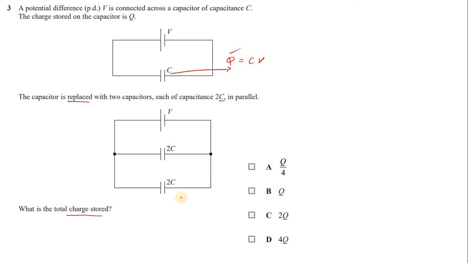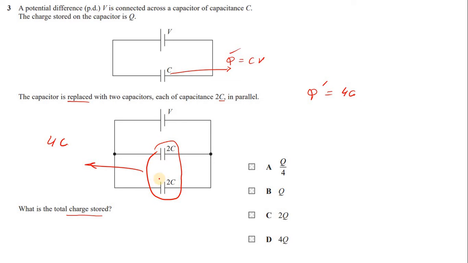You know that when capacitors are in parallel, the total capacitance is the sum of the individual capacitances. So the net capacitance will be 4C. So of course, the new charge stored, let's call it Q dash, is equal to the capacitance, which is 4C, times the voltage.